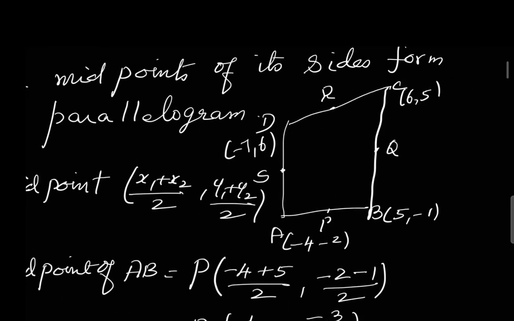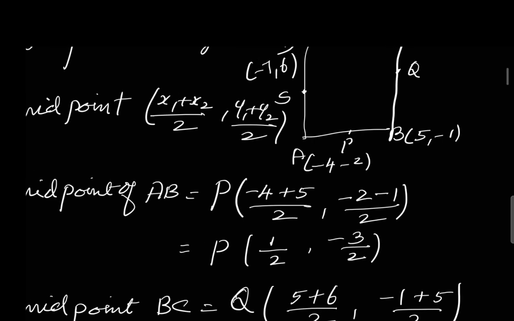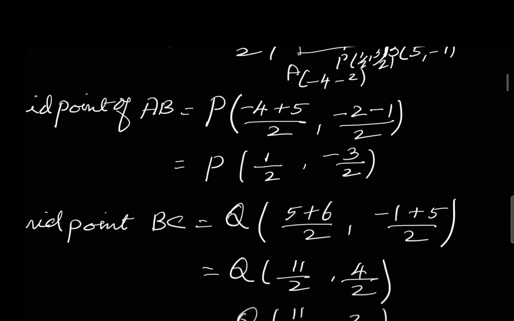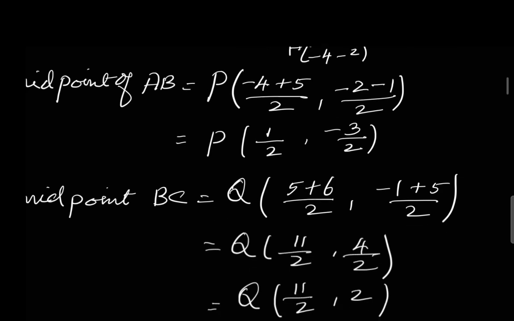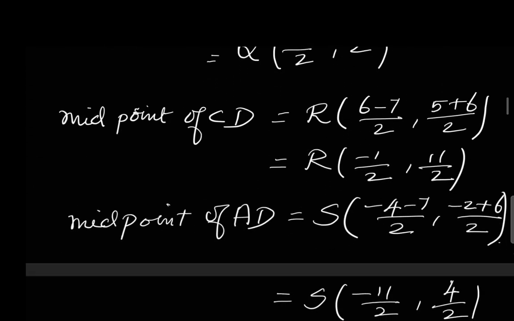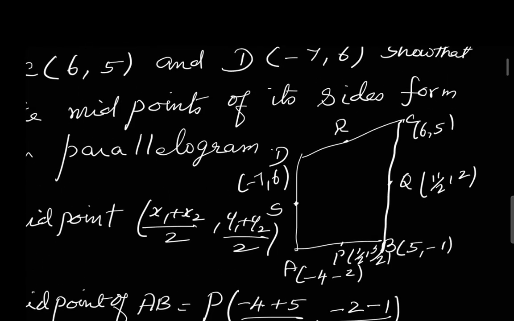Now you mark the points in your diagram. P is 1 by 2, comma, minus 3 by 2. Q is 11 by 2, y coordinate 2. R is minus 1 by 2, 11 by 2.